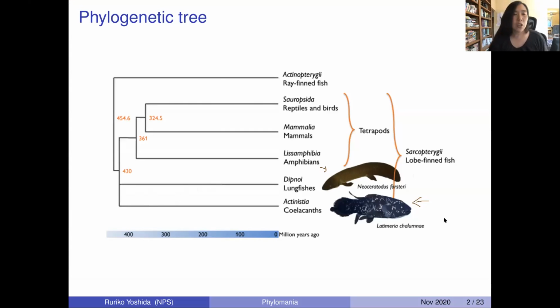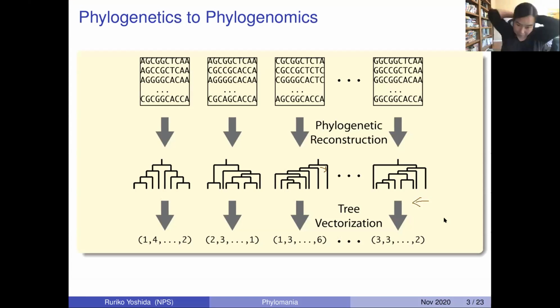So my interest is, as I said, in phylogenomics rather than phylogenetics, because I would like to do some statistical analysis over a set of phylogenetic trees instead of just reconstructing one phylogenetic tree.